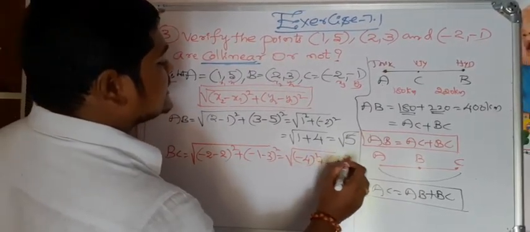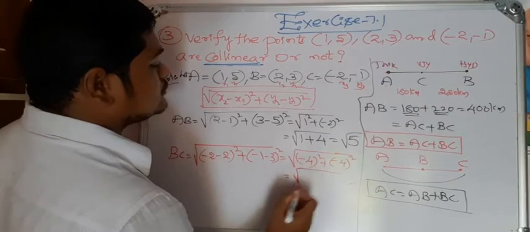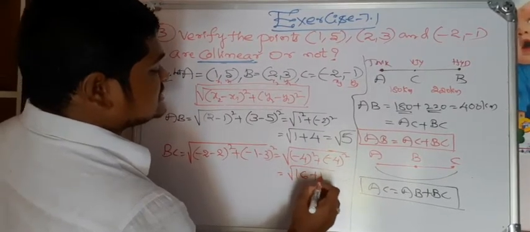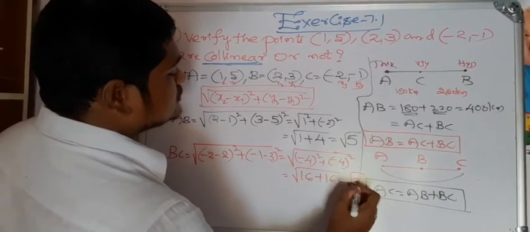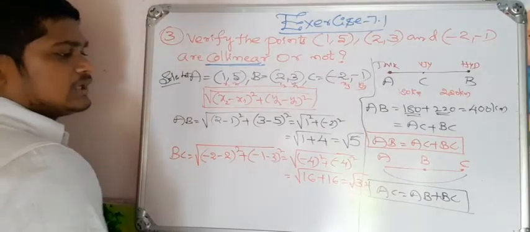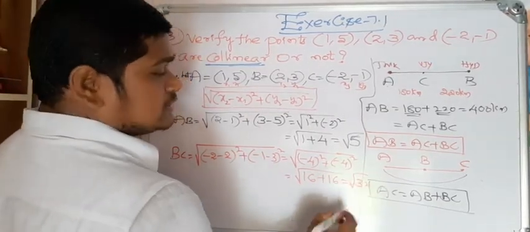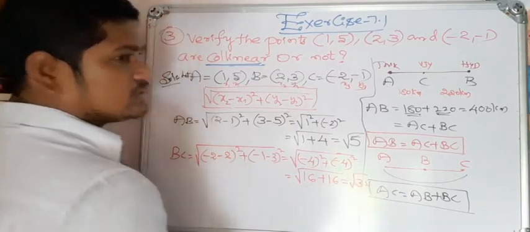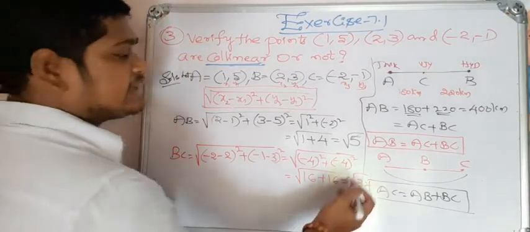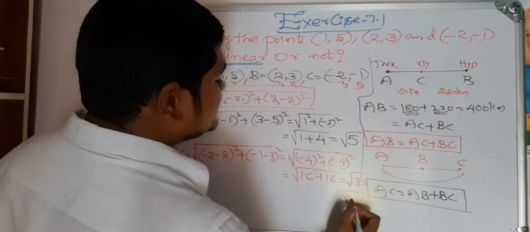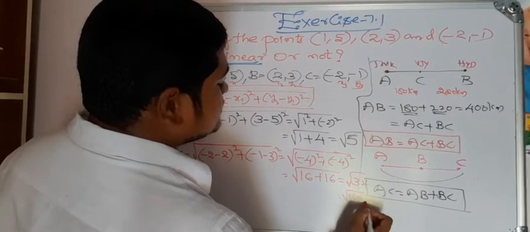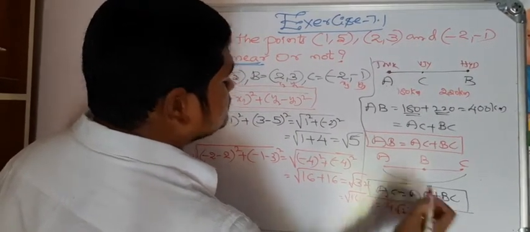This is minus 4 whole square, so this is equal to root of 16 plus 16, that is root 32. Now simplify this one. We can write 16 into 2. Where we have a root, try to write it as the square of a number. Finally, 16 into 2 is equal to 4 root 2.